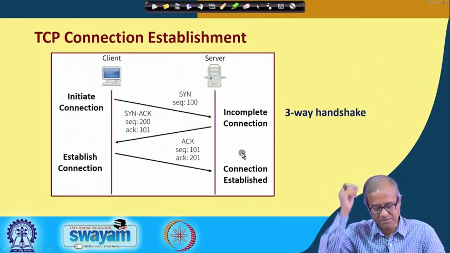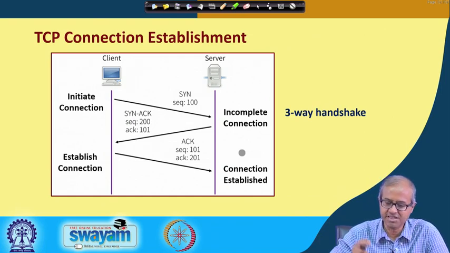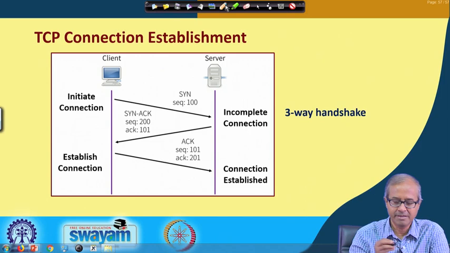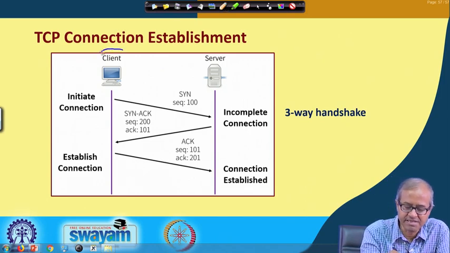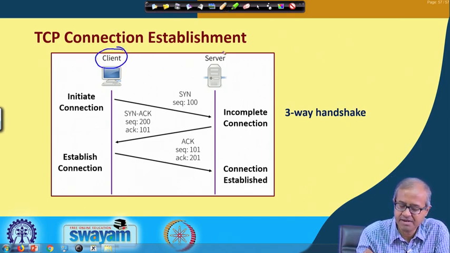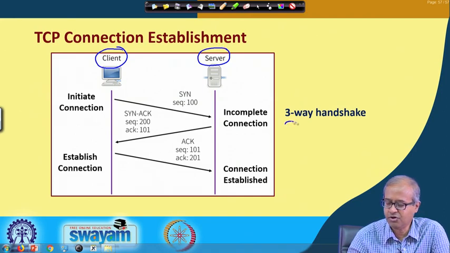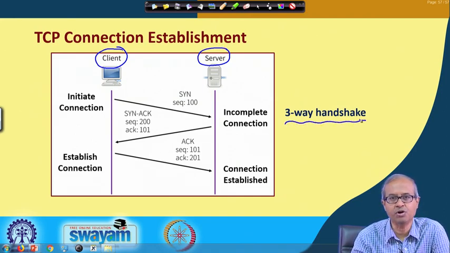Now, let us look very quickly at the TCP connection establishment process. This is interesting. Here there is a client, and the client is trying to establish a TCP connection with a server. There is something called a three-way handshake protocol which is followed here.